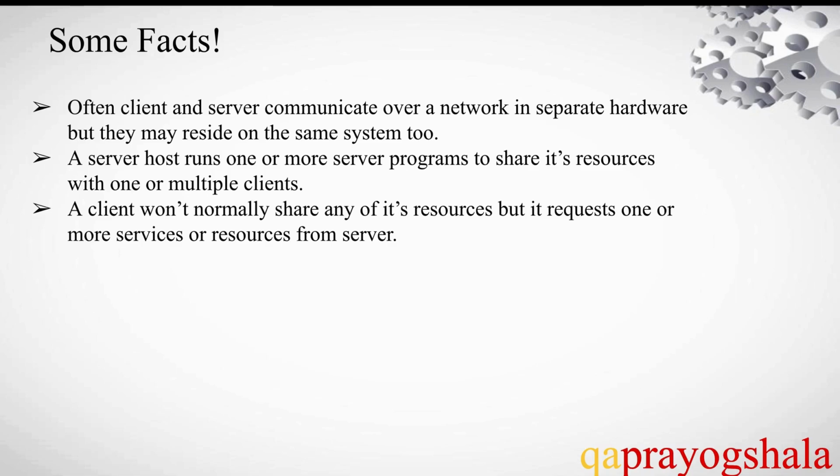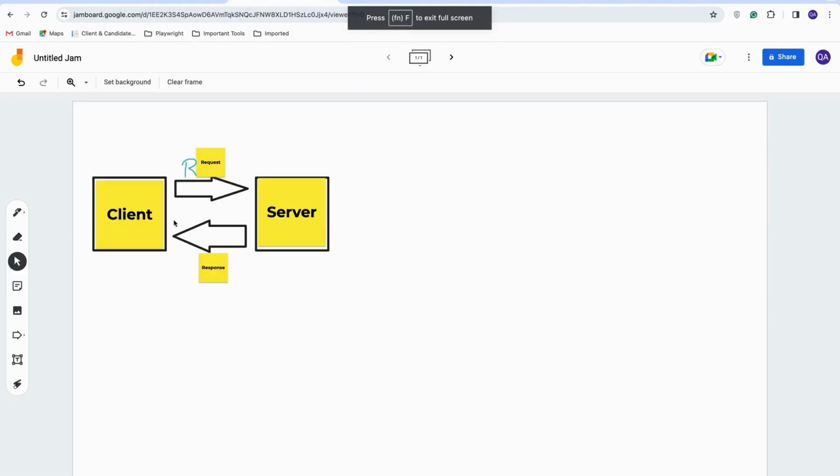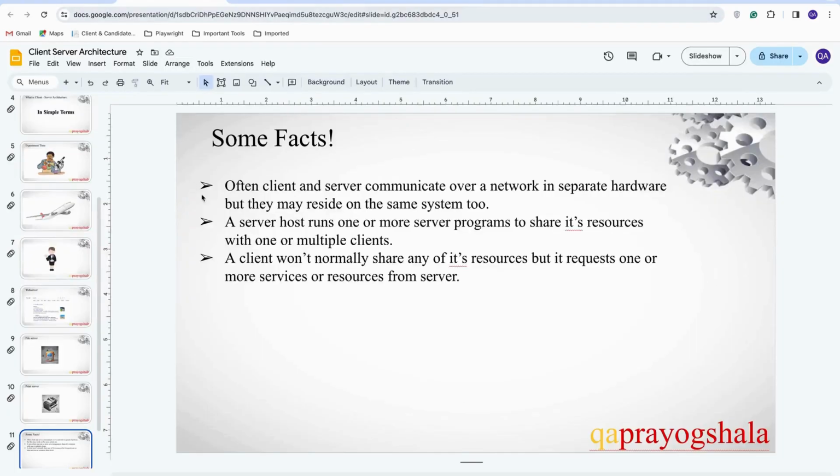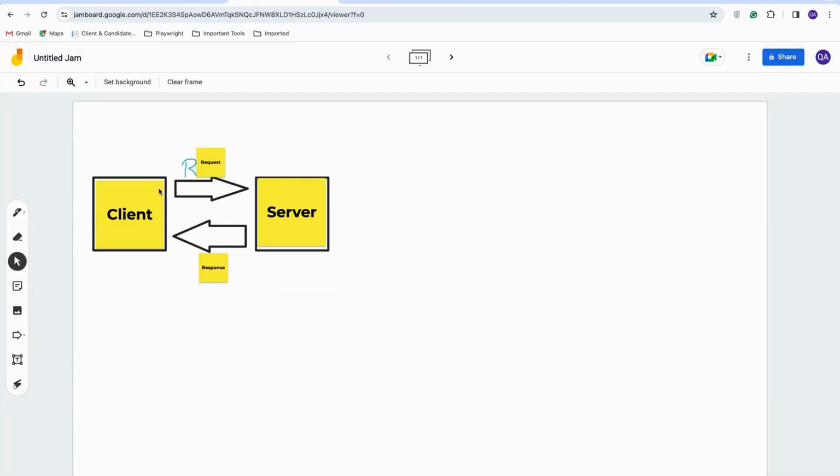So often client and server communicate over a network on separate hardware, right? Normally, if we look at this diagram, client and server reside on two separate machines. If we see our earlier example of Google, in this case we are searching for a Goa trip on our machine, and Google servers definitely are not residing on our own machine.